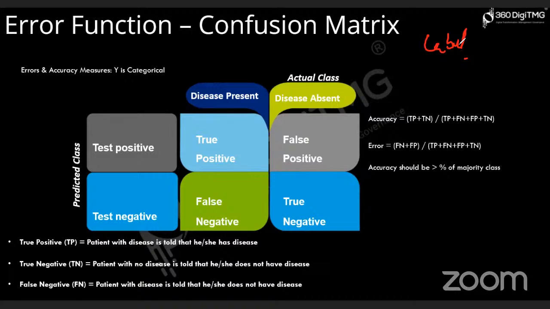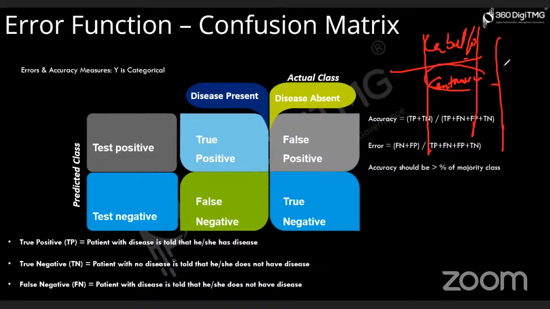But when you have labels, if those labels or outputs are continuous, like 25 point something in decimal form, then we'll be going for regression.